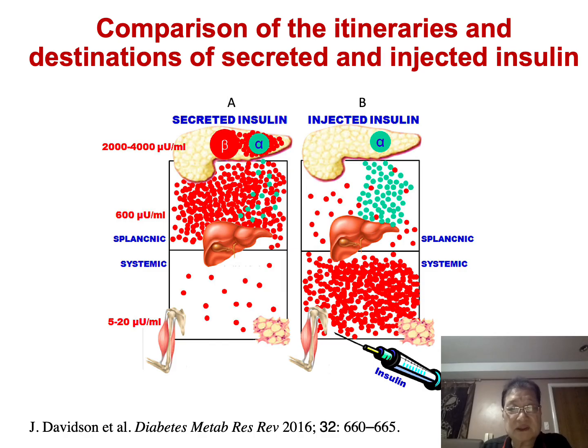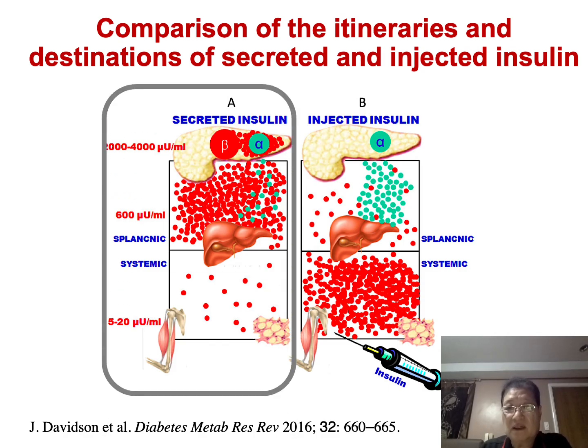In A, you can see secreted insulin, the response of endogenous insulin and glucagon to a high carbohydrates meal. The beta cell almost instantly secretes its first phase bolus of insulin via paracrine route. Okay? The alpha cell responds to the insulin abundance by suppressing secretion of glucagon.